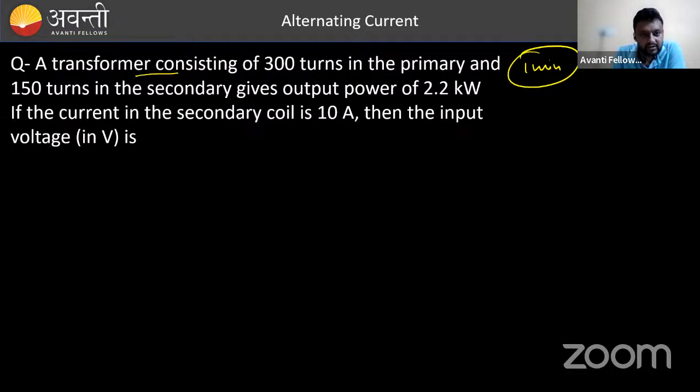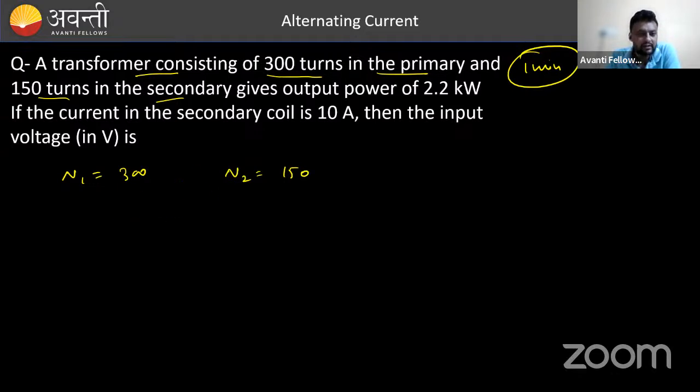A transformer consisting of 300 turns in the primary. So according to the question, N1 is given as 300 and 150 turns in the secondary. That means N2 is given as 150. So which kind of transformer is it? Can you conclude it from here?